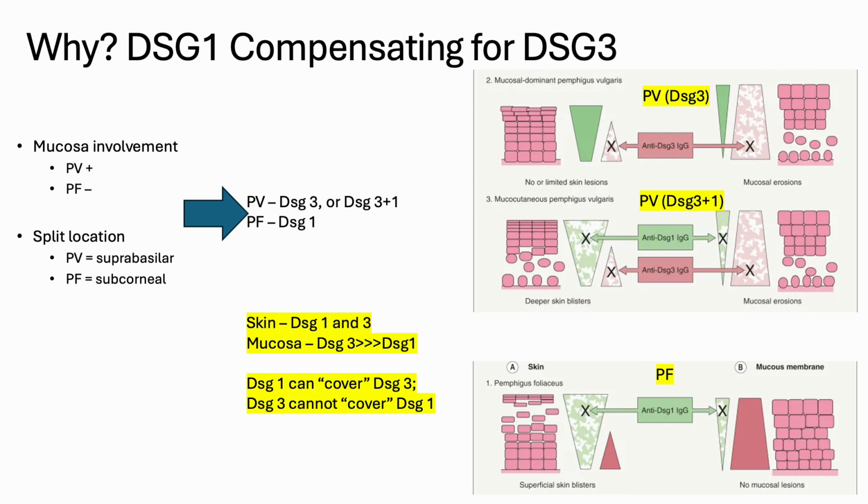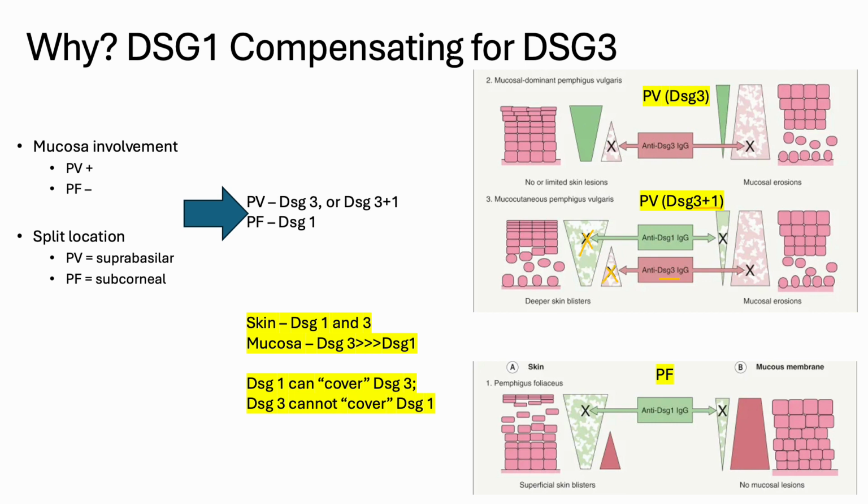Now let's move on to the next one. If the pemphigus vulgaris has an autoantibody against not only DSG3 but also DSG3 plus 1, both are involved, then what will happen? The DSG1 IgG will destroy this green DSG1, and the DSG3 antibody will destroy this DSG3.